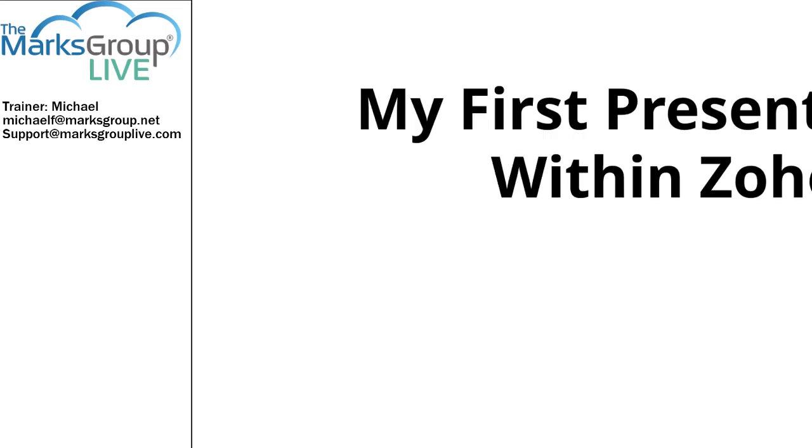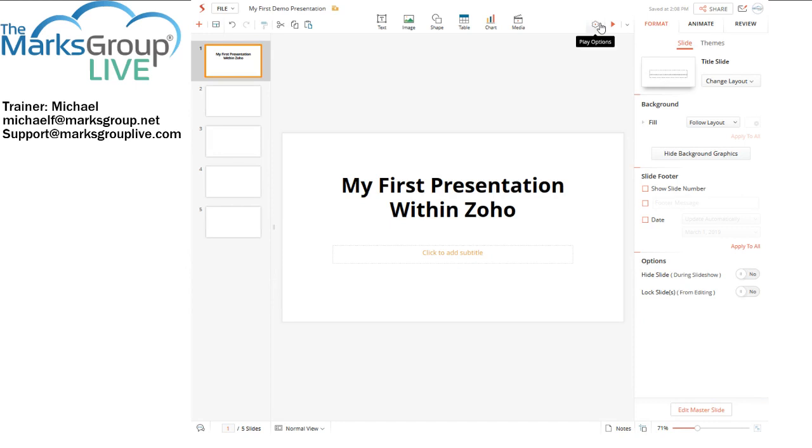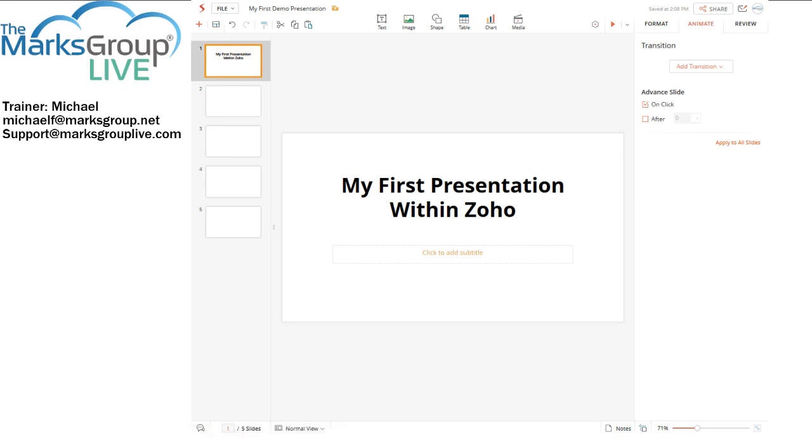As usual, the presentation options are there. Off on the right, we have a contextual menu. Right now, because I've selected a slide, Zoho gives me slide formatting, slide-level animation or transitions, and the review button as well. The review is really helpful when you're working in a team context.